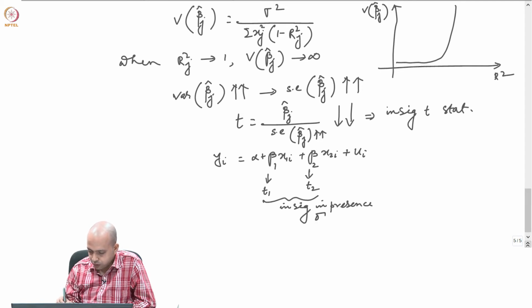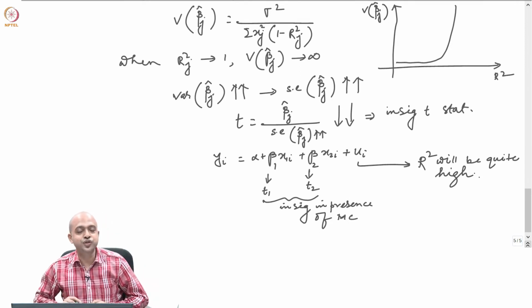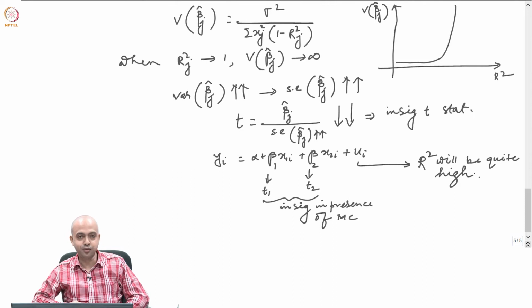But the R square you get from this model will be quite high. So, this is the classic symptom as well as consequence of multicollinearity. Many of your explanatory variables will appear to be insignificant, but still you see a high R square value from the model.